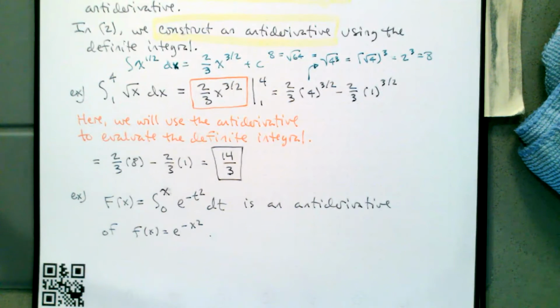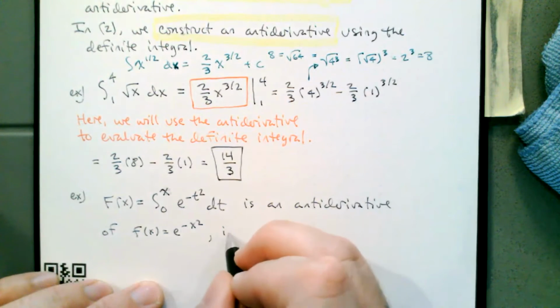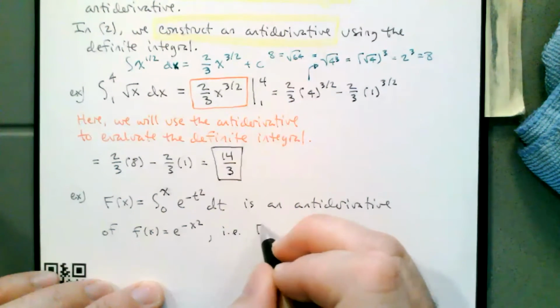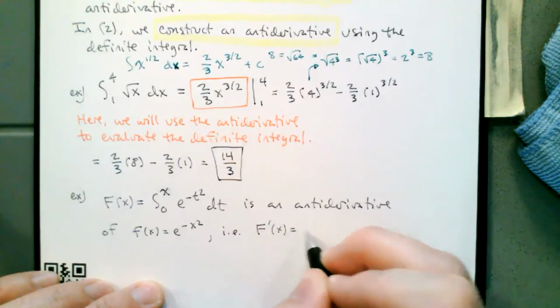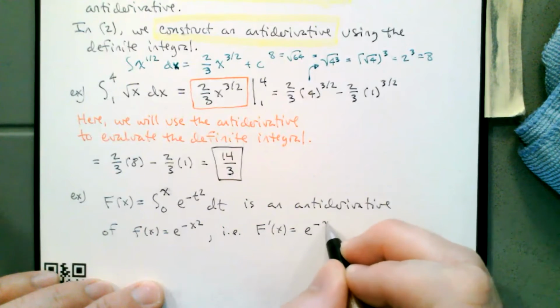That is, if F of x is the integral from 0 to x of e to the minus t squared dt, then F prime is e to the minus x squared.